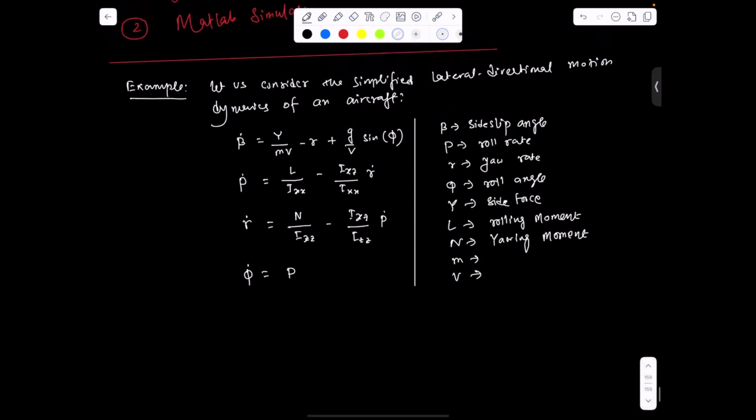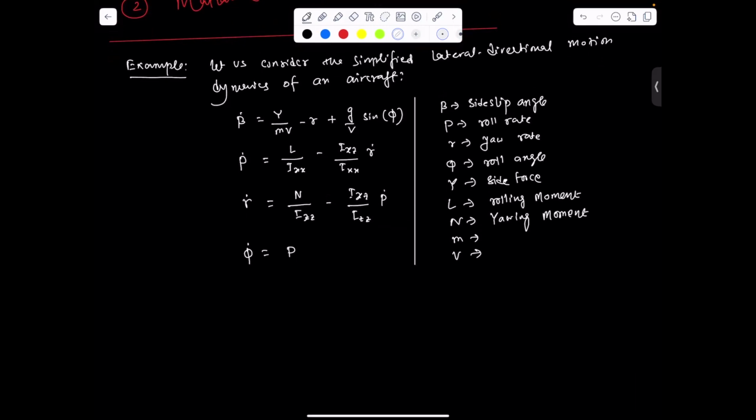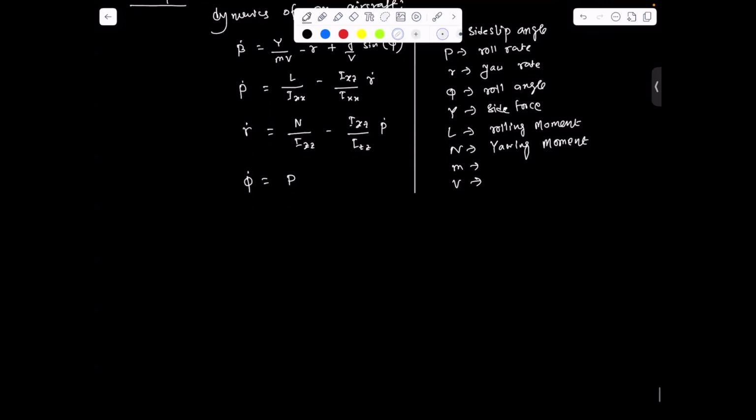So here we are assuming the expressions for L, Y, and N, so these are the forces and moments. Let me define them for simplicity.